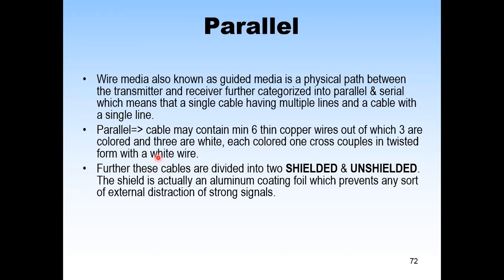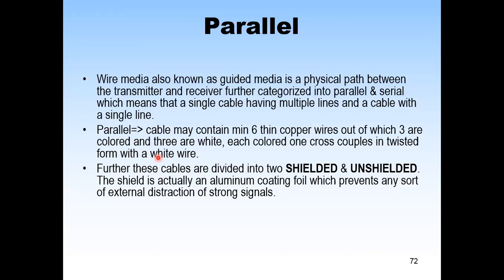As I told you, the white wire is connected with orange. The color combination is green white and blue. Green white means half white and half green, and another is a full colored wire. 4 wires are half white and half colored, and 4 wires are full colored. So we make a pair of one colored and one white wire.